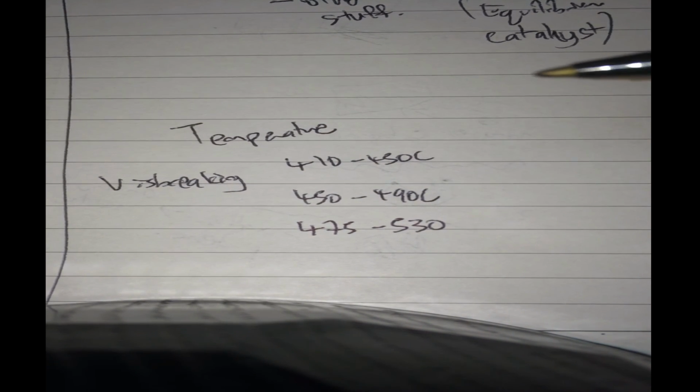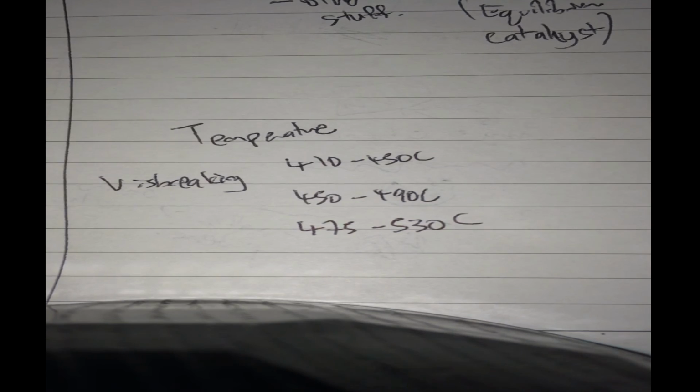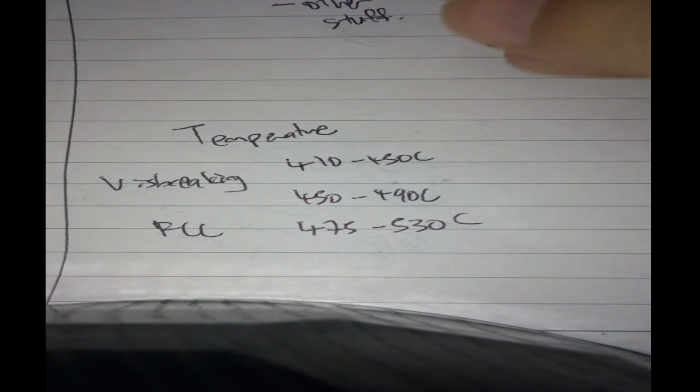And in the fluid catalytic cracking process, you have about 475 to 530 or 510. It depends, but this is just a rough gauge. FCC is here. Pressure, 7 to 20 bar gauge usually.